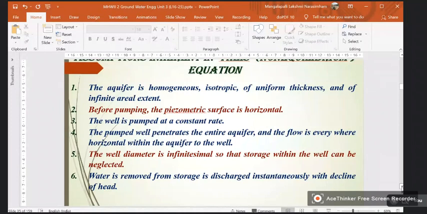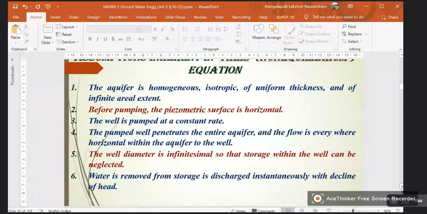Homogeneous means the aquifer should not contain different types of soil structures within itself at different locations. That means you cannot have a pocket of, for example, sandy soil and a pocket of silty soil or coarse sand in different pockets over the entire areal extent.